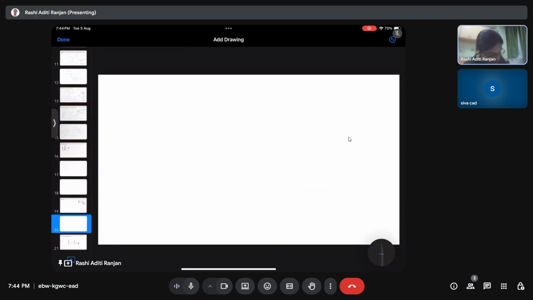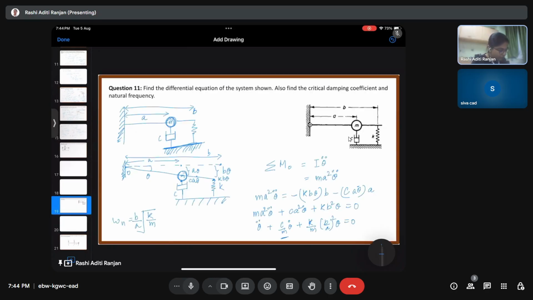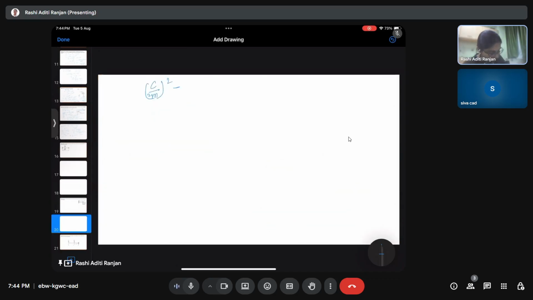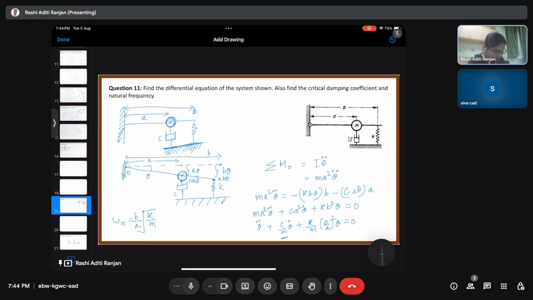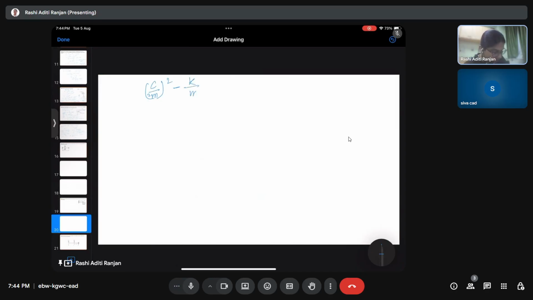Second, we need to find out Cc, which we can find out by using B square, which is nothing but (C by 2M) square, right? There will be a 2 because there's going to be a 2 overhead, which we'll take out in the root. So it will be 4, minus 4 will get cancelled, K by M, B by A whole square is equal to 0.